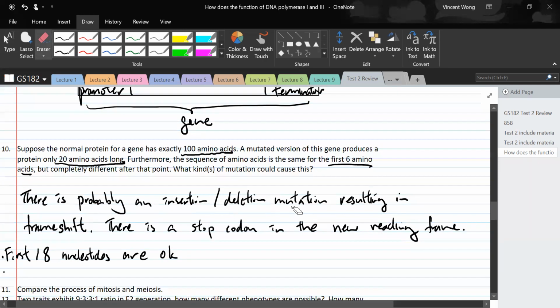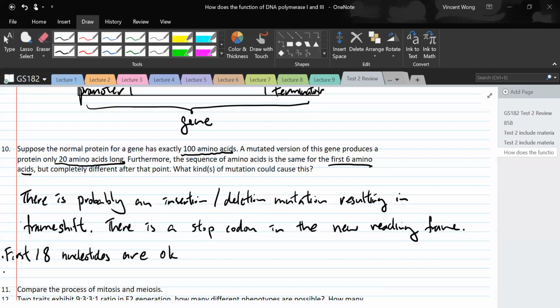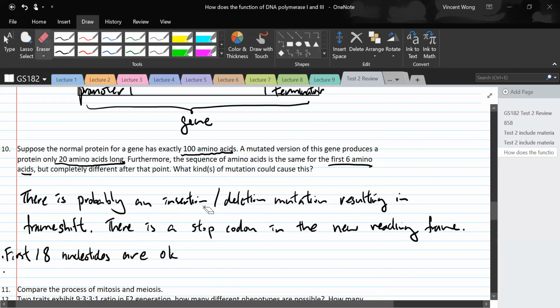So your deletion mutation probably happened at like the 19th location, okay, or the 20th. Right? So it's one of those 19, 20, or 21st nucleotide. And one of those got deleted, or there's an insertion in there, and then everything after that is going to be wrong. Okay, and it's only 20 amino acids long. Right? If you multiply this by 3, there is a stop codon at the 61st nucleotide, right?